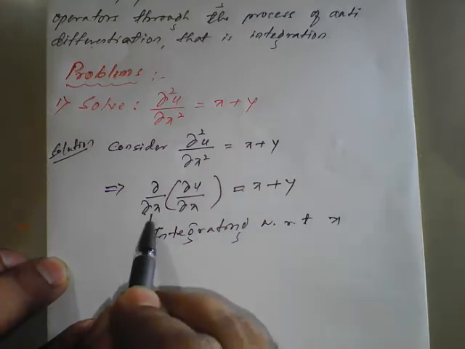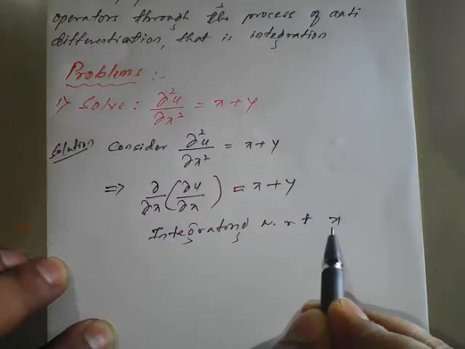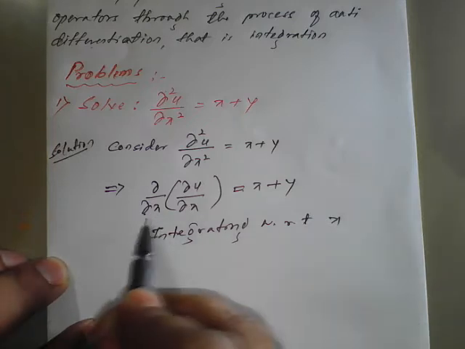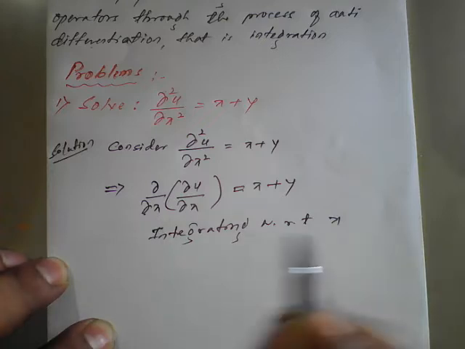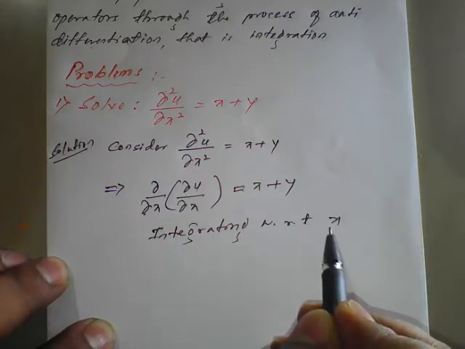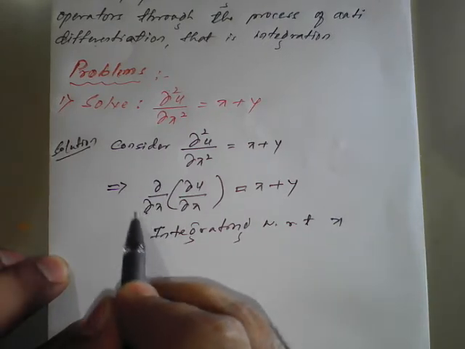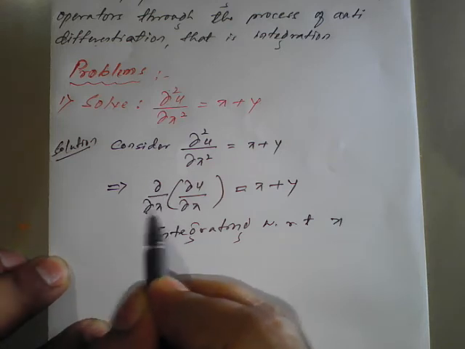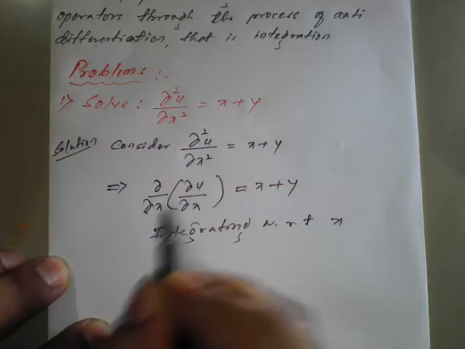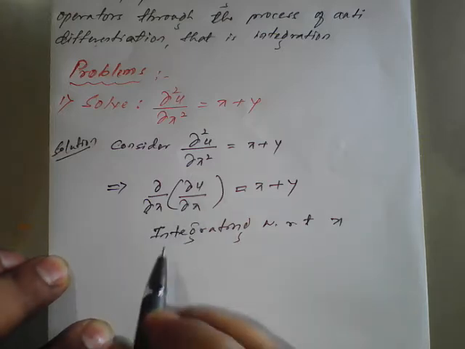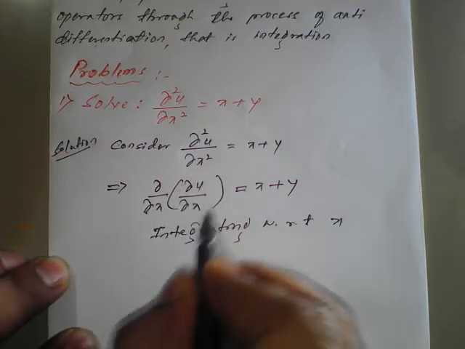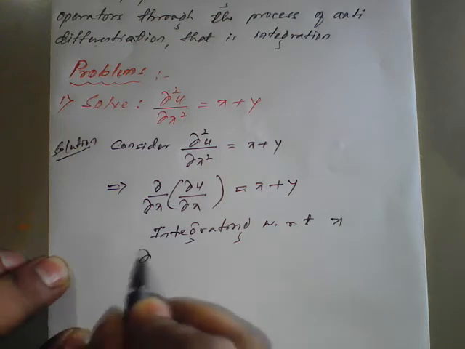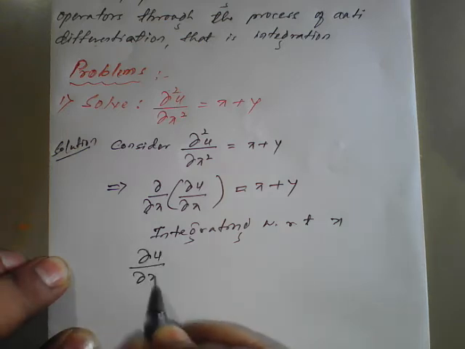If ∂y is there, you have to integrate with respect to y. So right now we have x, so we integrate with respect to x. On integration with respect to x, this ∂/∂x will vanish, and only the bracket part is going to be left.